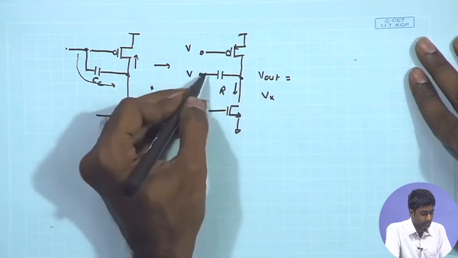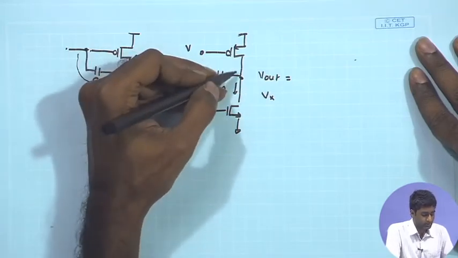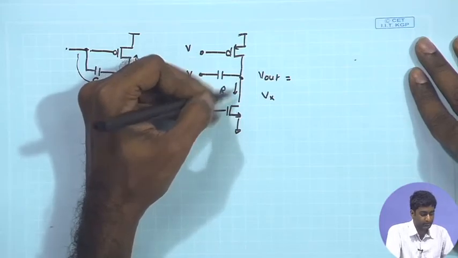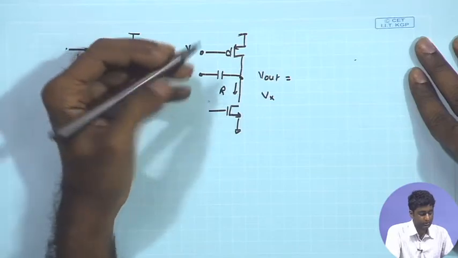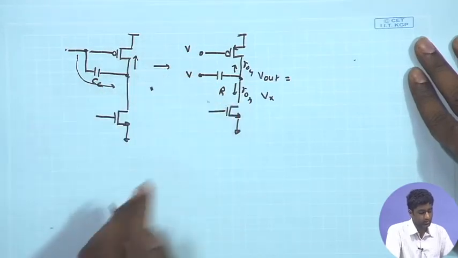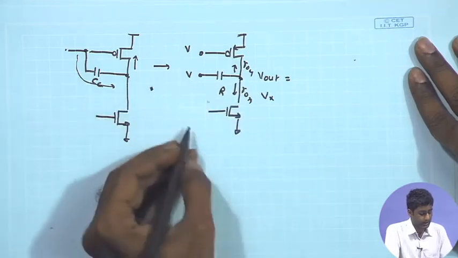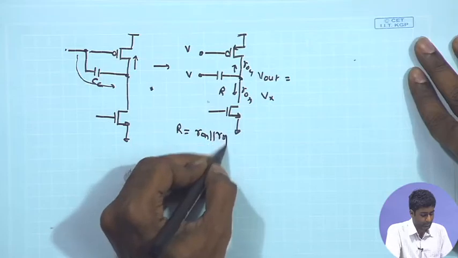You can assume that the total small signal resistance provided at this node by the combination of this PMOS and NMOS is R. So, you have ROP looking upward and RON looking downward. So, the small signal resistance R, I am assuming, is the combination of RON parallel ROP.